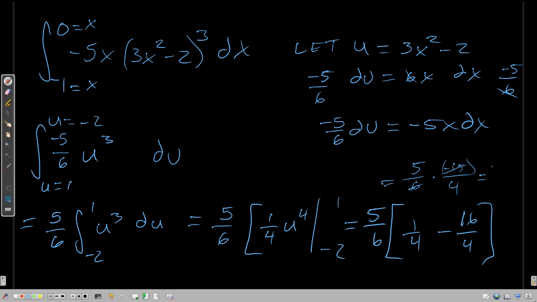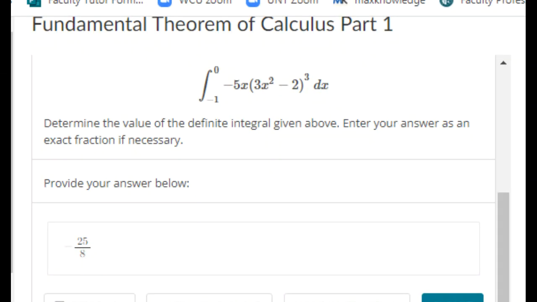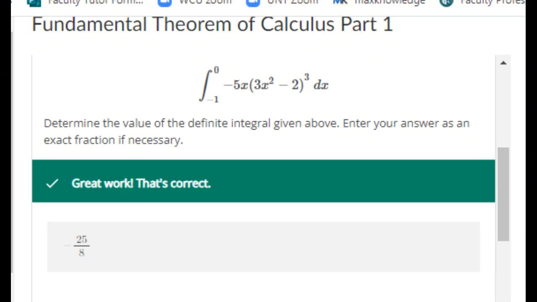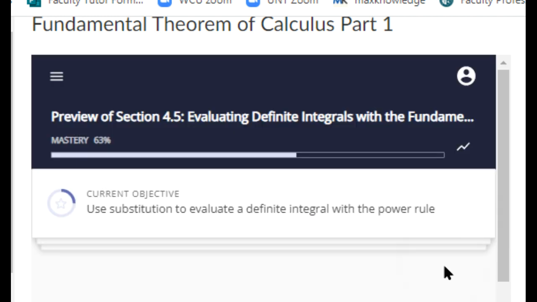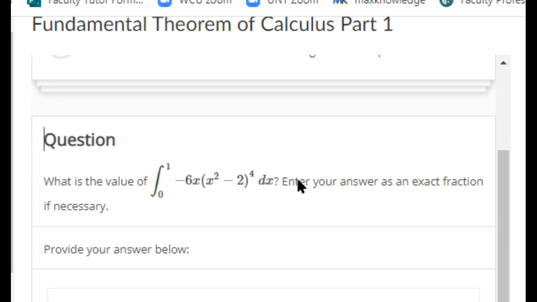Then this is -25/8. Let's see if I'm right. Hot dog. -25/8. Alright, I'm going to do one more, and then I'm giving up.